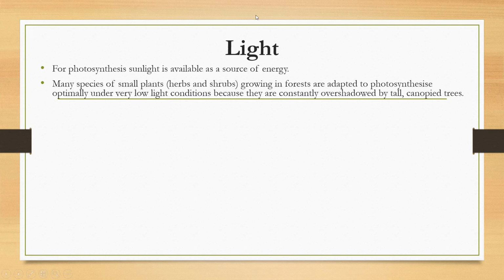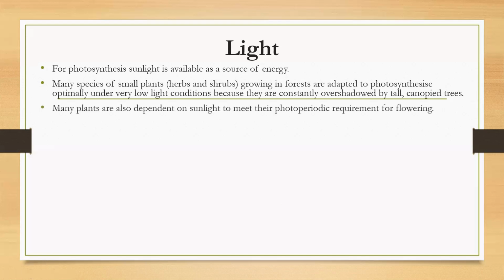So the distribution of light is also not uniform, especially in thick forest. The tall trees will get enough light, but the small plants growing below the large trees will not get enough light. They need to adapt to such dark or less light conditions, the overshadowed condition.